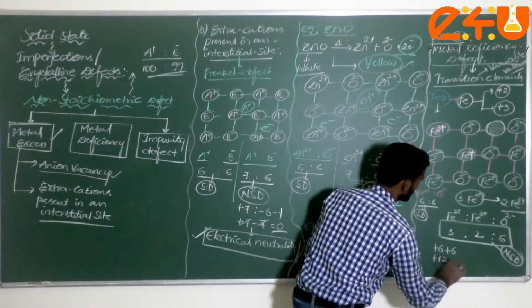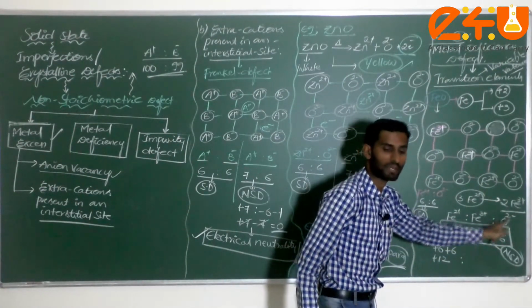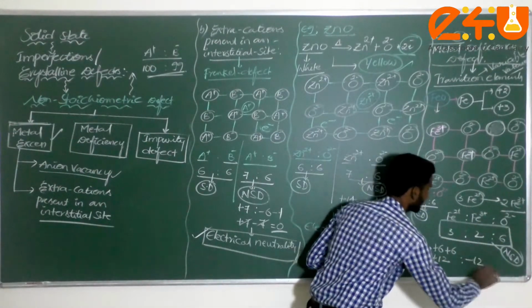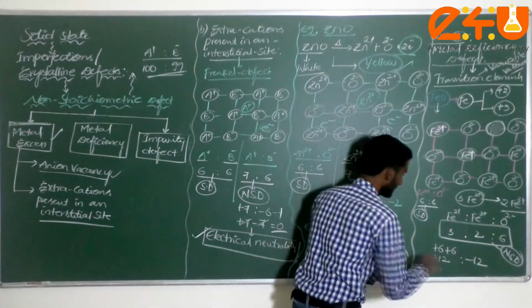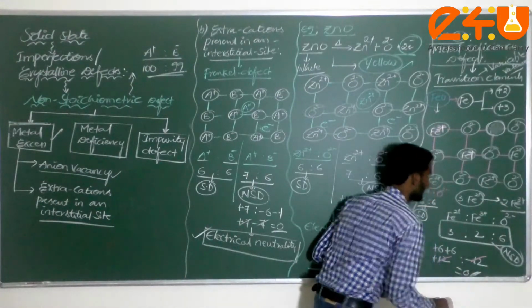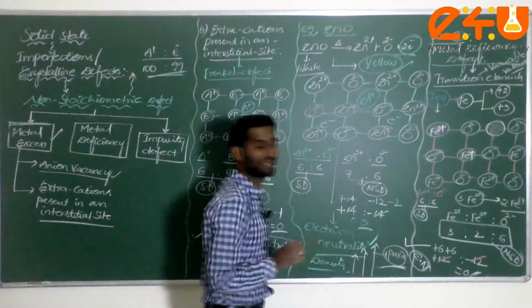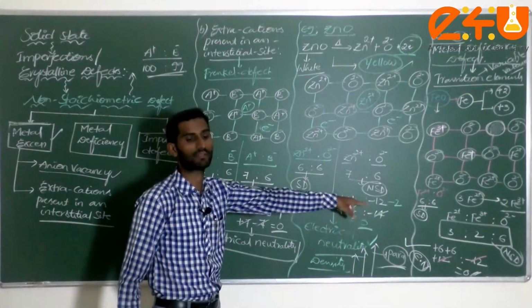Total here is +12 charges. Next one, what is the charge of oxygen? Minus 2. Minus 2 into 6 is minus 12. Am I correct or not? That means here +12 and -12 both cancel. That is equal to 0. That means electrical neutrality is maintained, dear student.